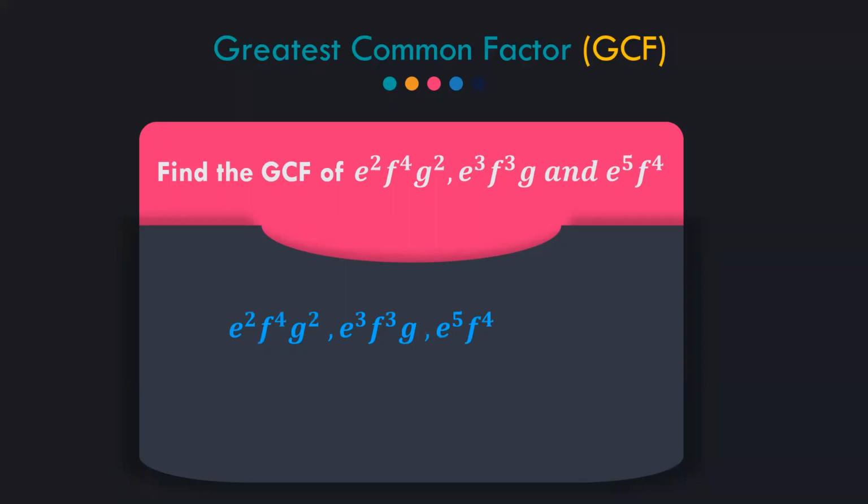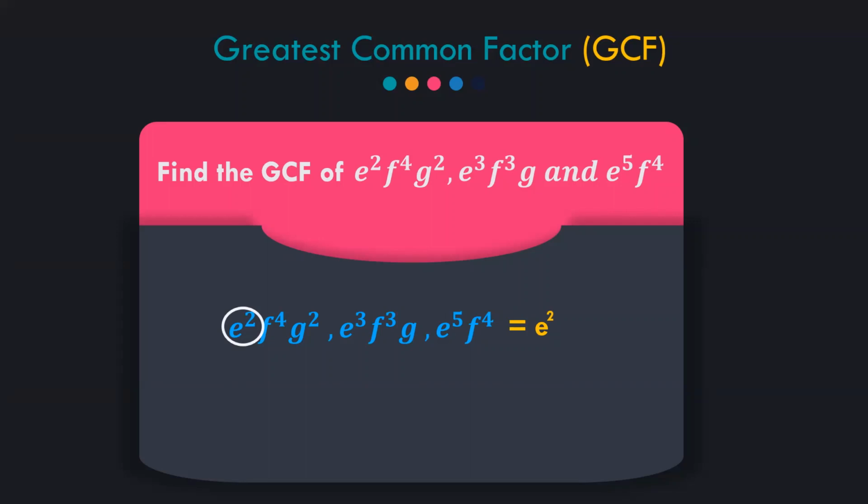May e sa first term, may e din sa pangalawang term, may e sa pangatlong term. So ibig sabihin, e is a common factor. Now, tingnan na natin kung ano yung pinakamababang degree ni e. And that is 2. So, ibig sabihin, e squared yung ating greatest common factor for variable e.